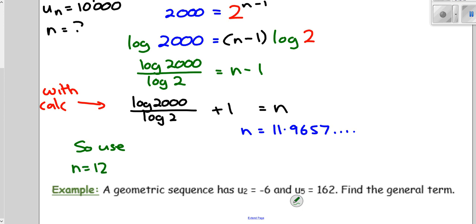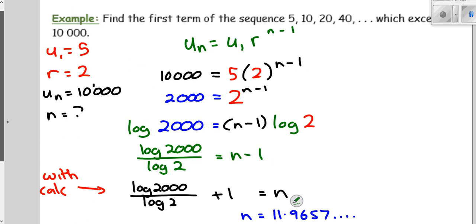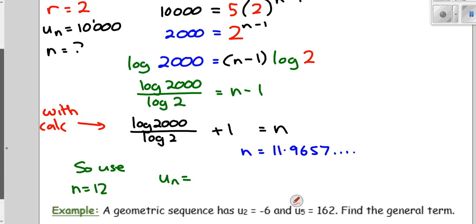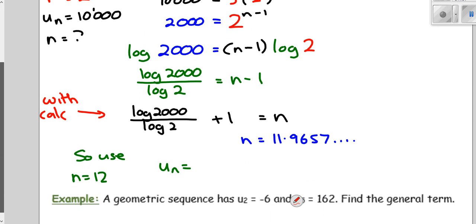So use n equals 12 and sub it into our original equation to get our u of n. So u of n equals, you can say u of 12, is first, and then after all that, 5 brackets 2 to the power of 12 minus 1. And hopefully it's a number just above 10,000.